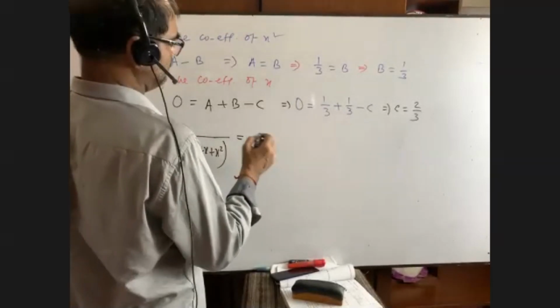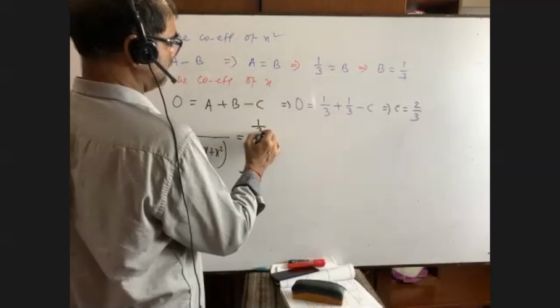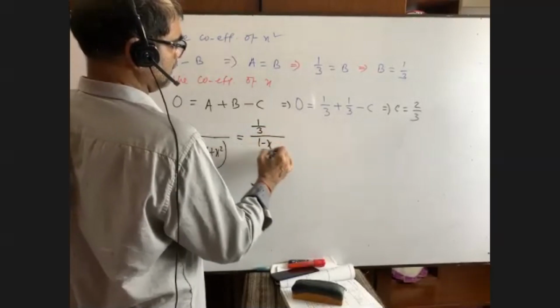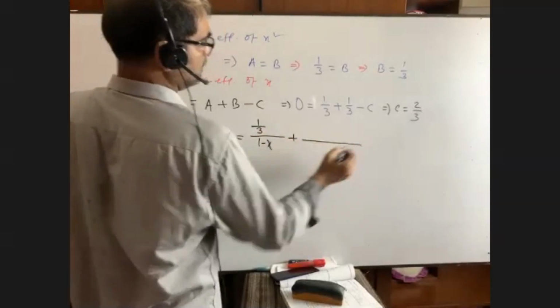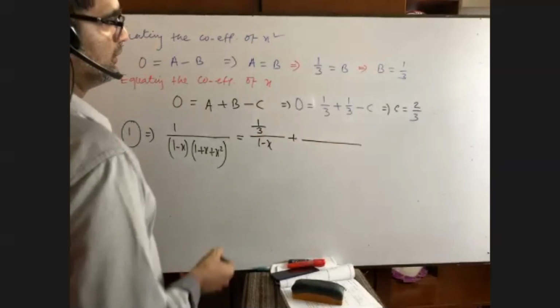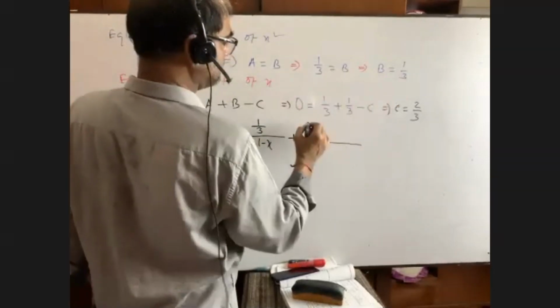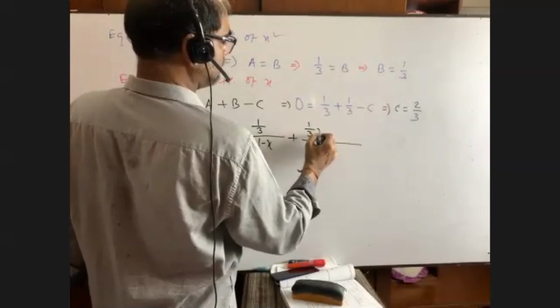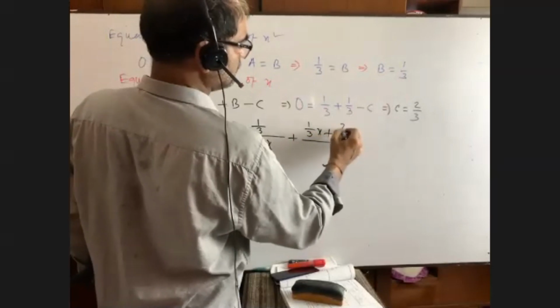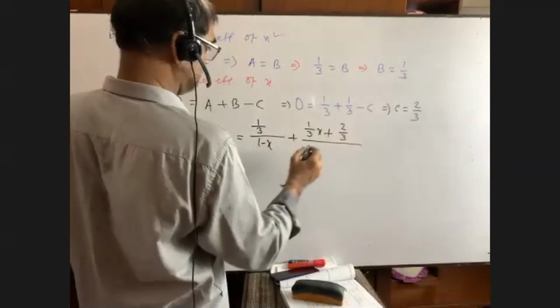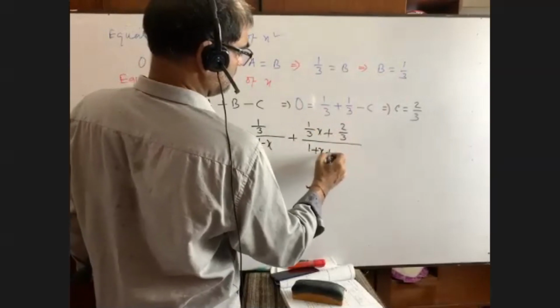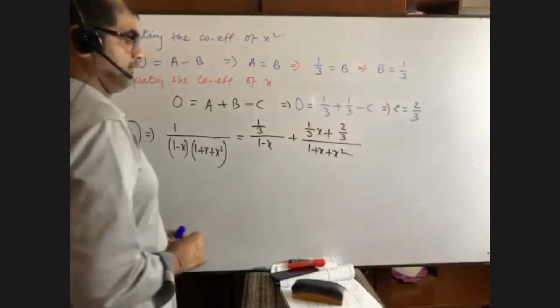A equals to 1 by 3, a by 1 minus x, then it was bx plus c. What is bx? B equals to 1 by 3. Bx plus c. What is c? C equals to 2 by 3. Then it was 1 plus x square.